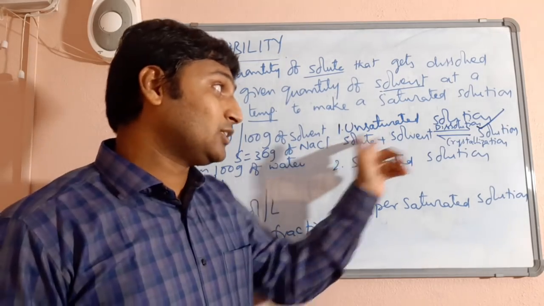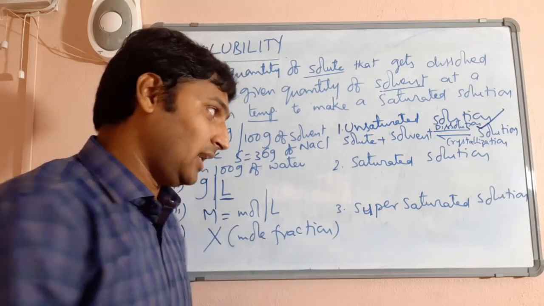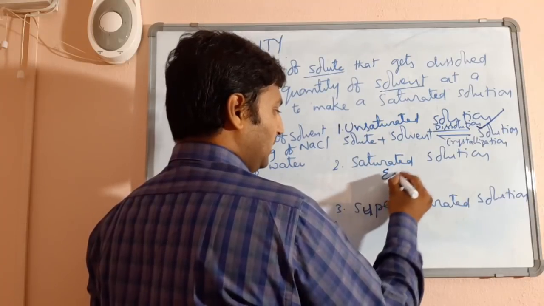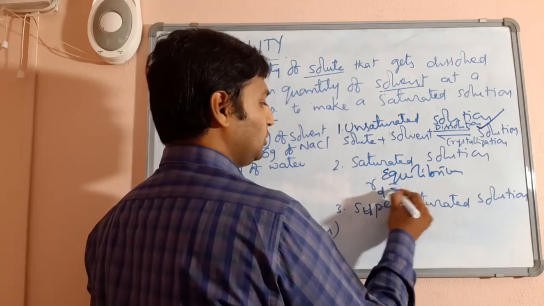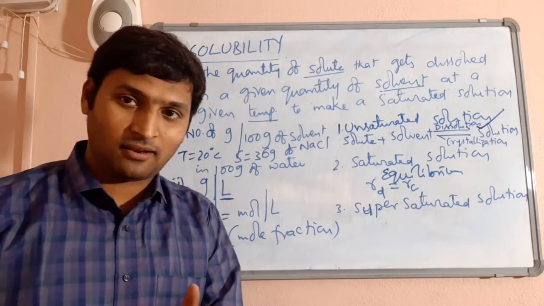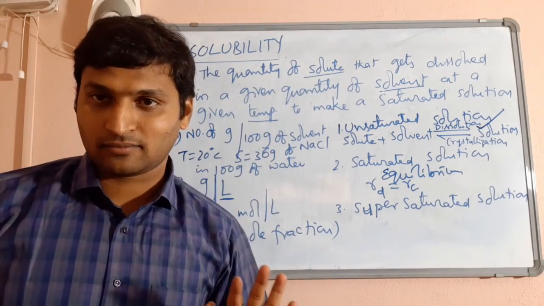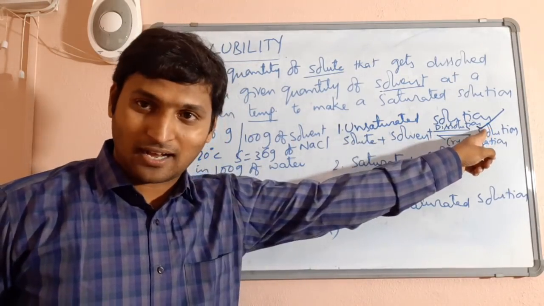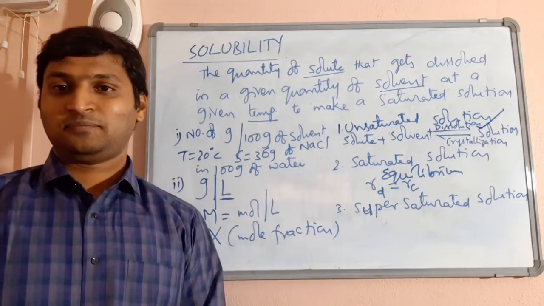Now, in a saturated solution, what is the condition of this equilibrium? In a saturated solution, you know very well, the process is exactly in equilibrium. That means the rate of dissolution is exactly equal to the rate of crystallization. What does it mean? The exact amount required to become saturated is being added. If you add some more quantity, dissolution will occur and the same amount of solute will crystallize.